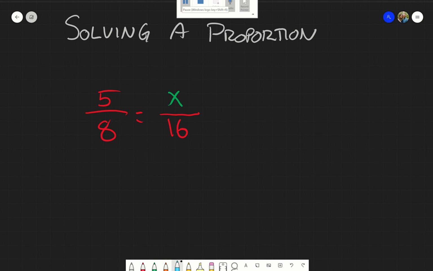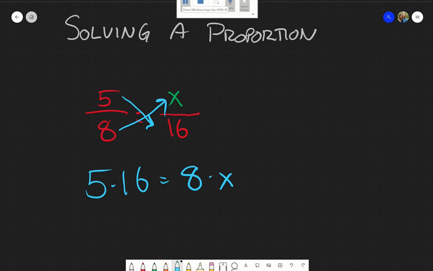If we wanted to write this out as a math problem, we would say 5 times 16 equals 8 times x. 5 times 16 is 80. 8 times x is 8x.